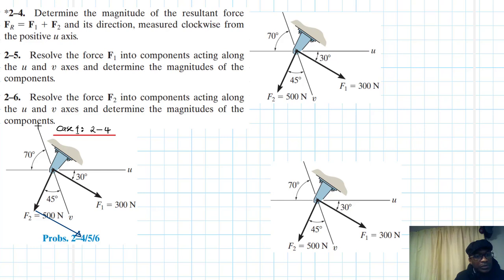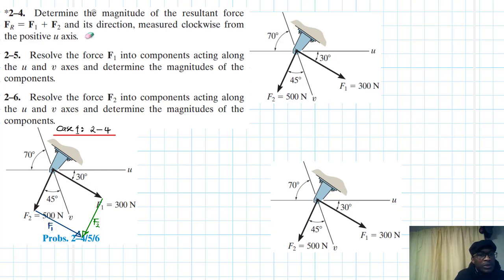All right, let's draw another one parallel to F2. So this is F2 and this is F1.